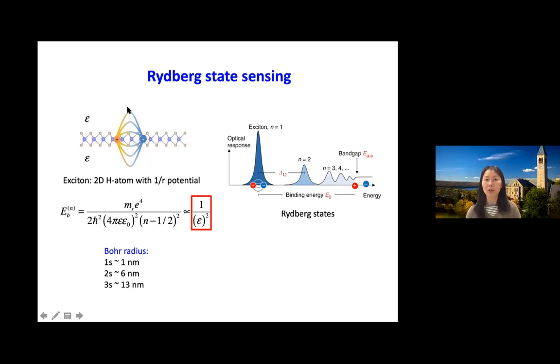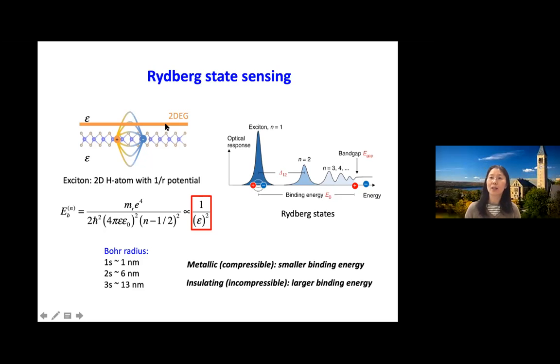And pictorially, you can just think of electric field lines extending much outside this material. So if you put a sample, in this case a 2D electron gas, close to it, then it's going to influence the dielectric background.